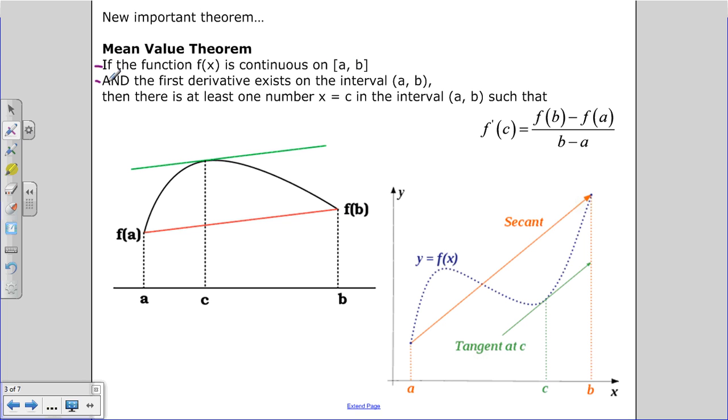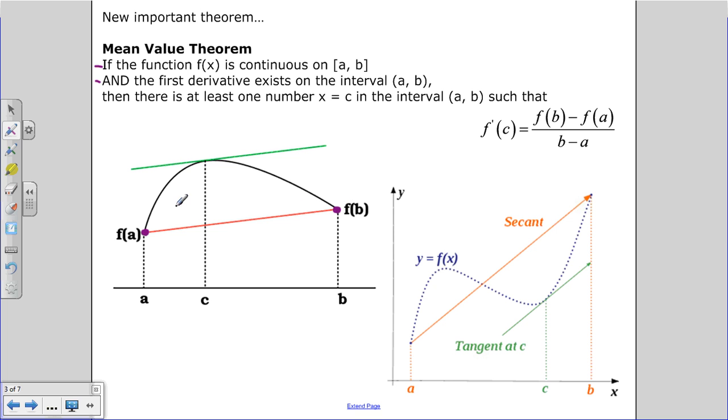But you have a second thing, which says that the first derivative has to exist on the open interval a to b. Right? Because it deals with derivatives and slopes, well, that means that the slope needs to exist everywhere. And we make it a soft bracket instead of a hard bracket, because it doesn't matter what the slope is at the endpoints. Let's say that there are endpoints here and here.